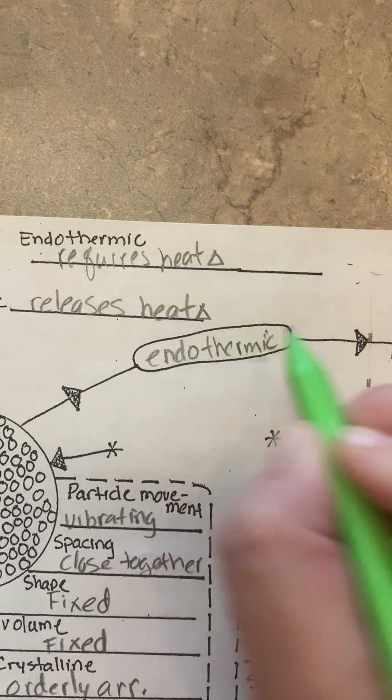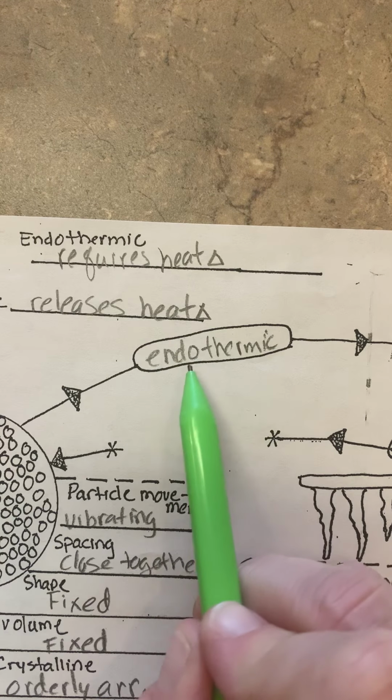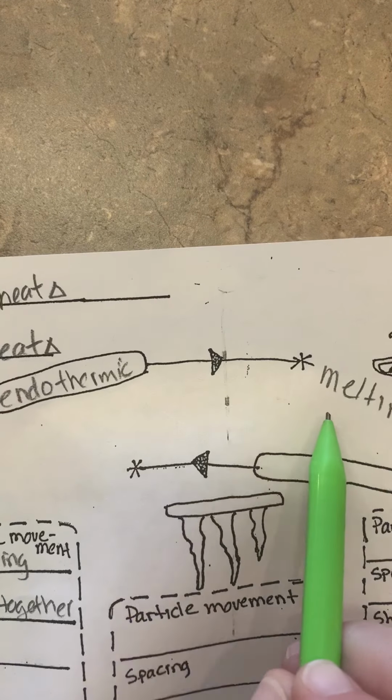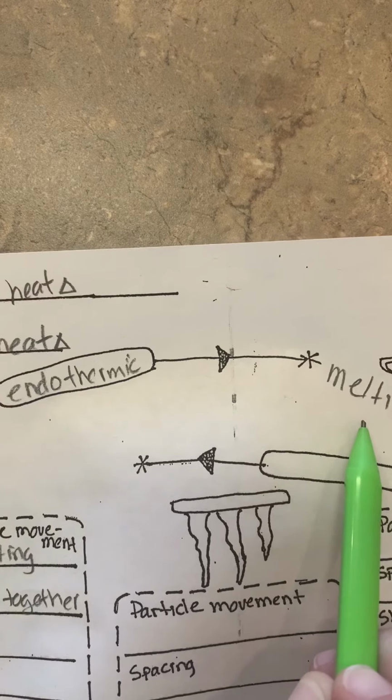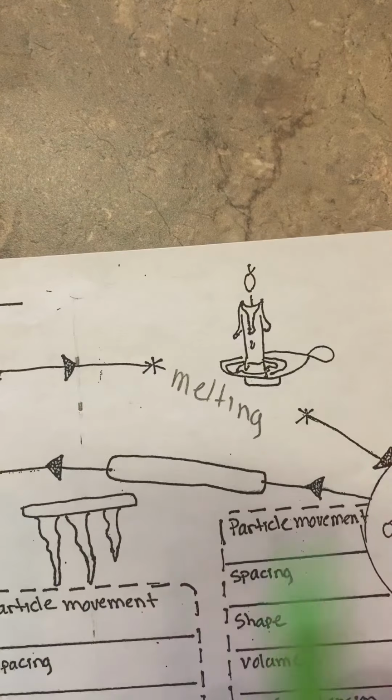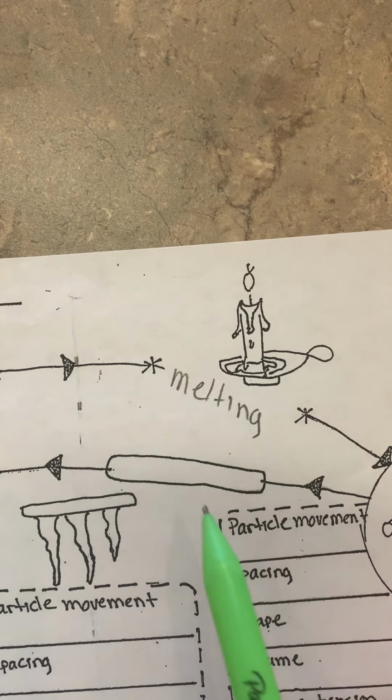In the video, I told you the things that go in the hot dog shape are the direction of heat, and between the asterisks are going to go the name of the phase change. Some of you put melting point right there. Melting point is a temperature. The name of the phase change is melting.